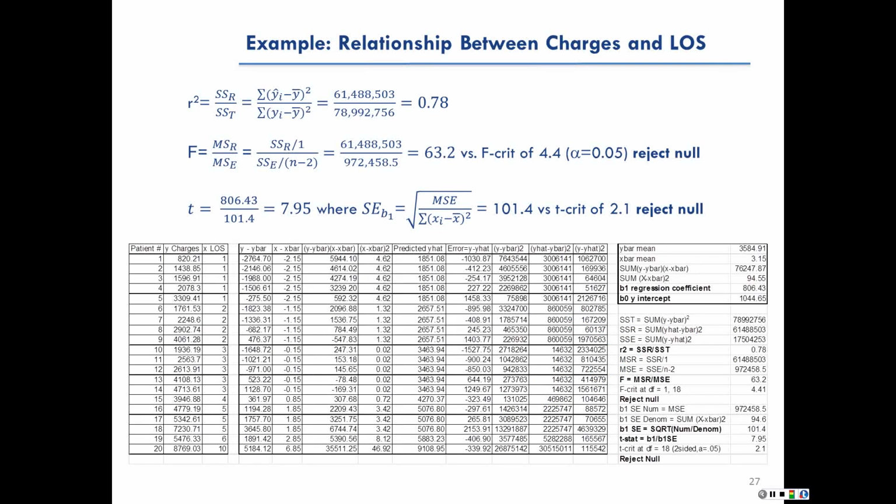So first let's start with r squared. R squared is equal to the regression sum of squares divided by the total sum of squares. Previously we had already calculated y minus y hat in the table, and now what we want to do is square y minus y hat.